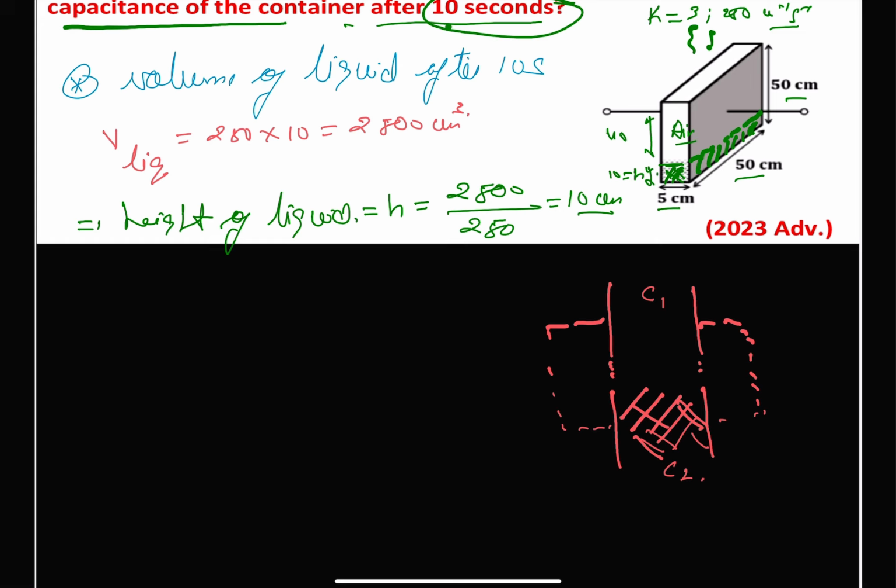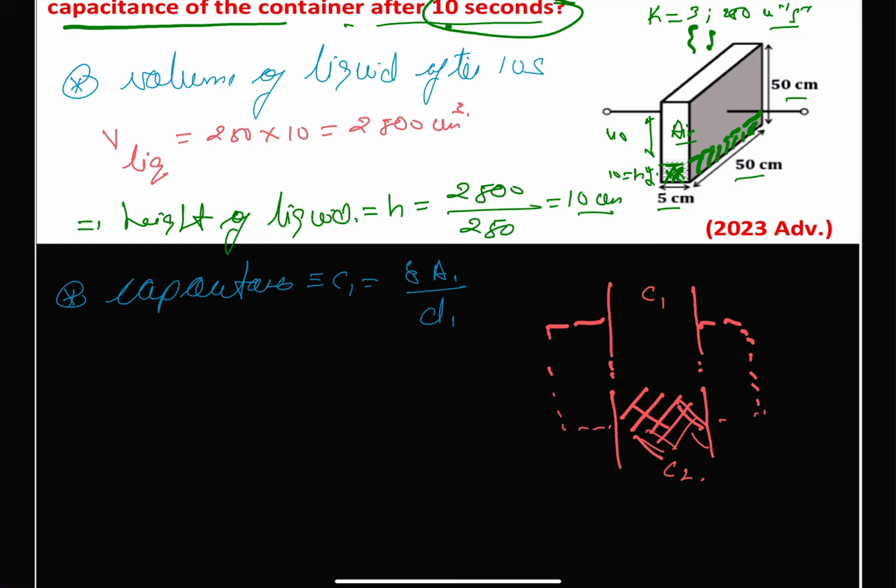So we can say our capacitance C1 will be equal to epsilon naught A upon D. Let us call this A1 and this D1. We know all the values.